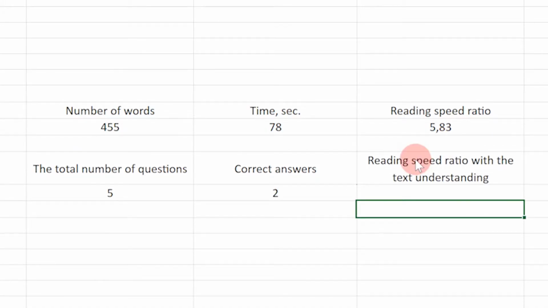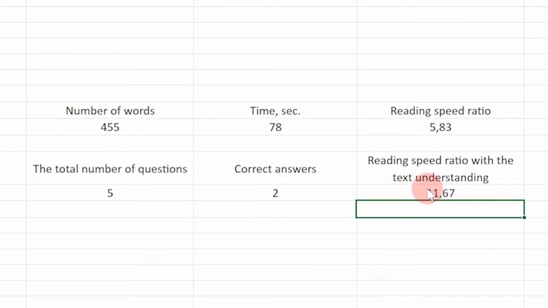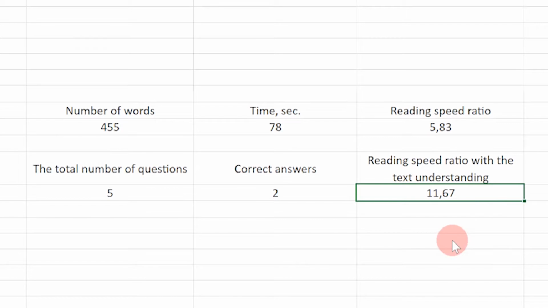Then I plan to count my reading speed ratio, including the text understanding. I do it so. I'm dividing 455 by 78 and then I'm multiplying it by the number of correct answers. It is 2. So my final ratio is 11.67.